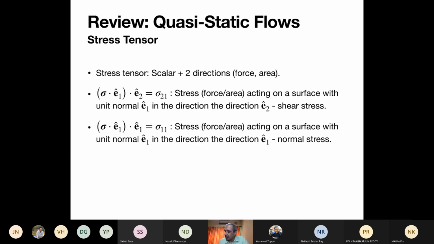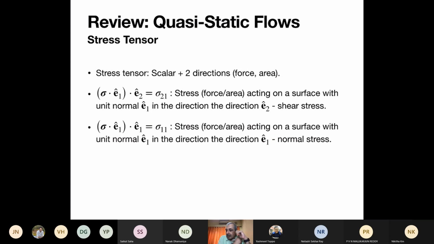Because these two are orthogonal to each other, this is called a shear stress. And same thing, if we took a dot product with E1, then we'll get sigma 11. There it is again acting on the same surface, but now the direction of the force is in the direction E1. This is called a normal stress. So sigma 11 is the normal stress, and this is a shear stress.